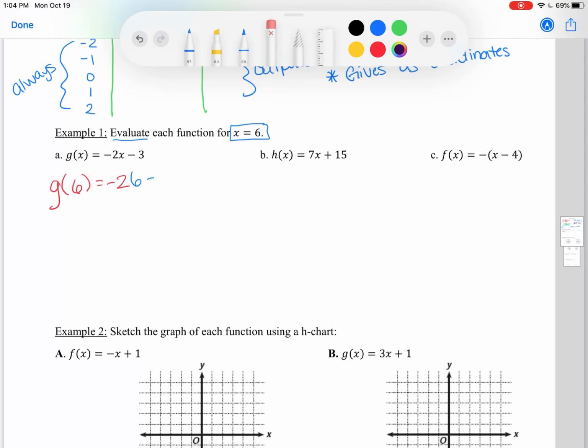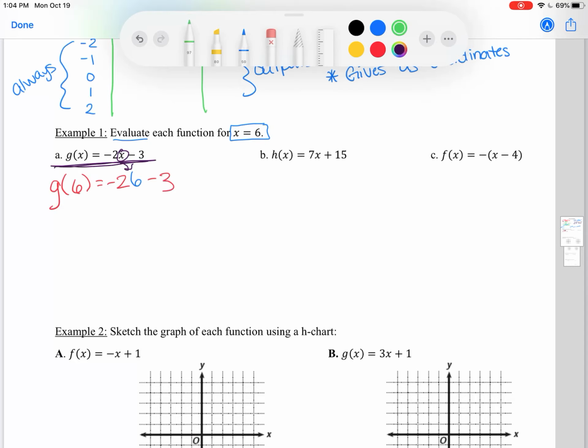And the reason for this is because if I switch out my x's, take a look at what happens here. Let me use the same colors so we can pay attention to what's happening. If I switched out this x right here with a 6, when I read this problem now, it looks like -26 minus 3.